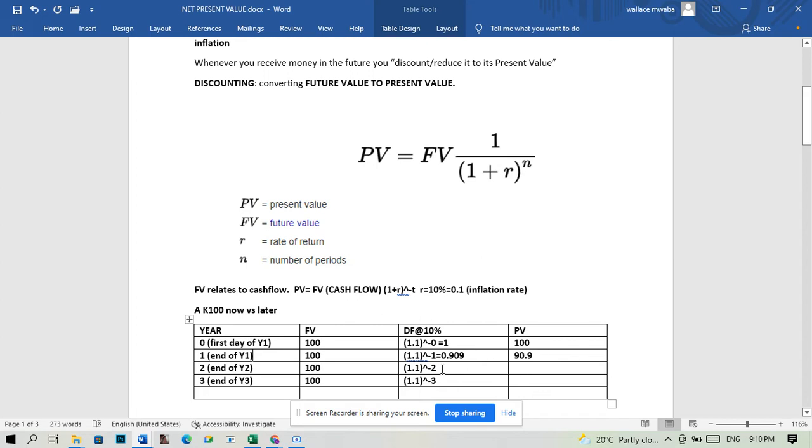How about after 2 years? So let's find 1.1 to the power negative 2. Point 8. Multiply that by 100.